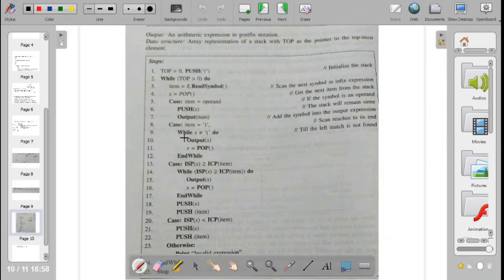So in that case, you pop out all the operators until you encounter an opening brace. Okay, all those operators are popped out and output onto the postfix expression. Right. Now these are the two cases where we are comparing the priorities. In-stack priority and incoming priority are compared.